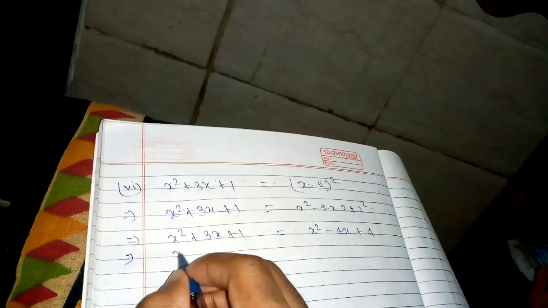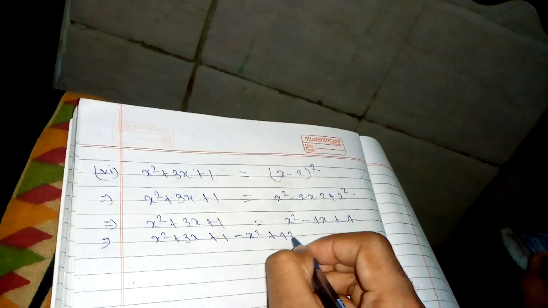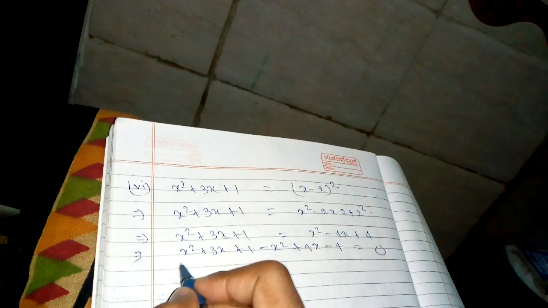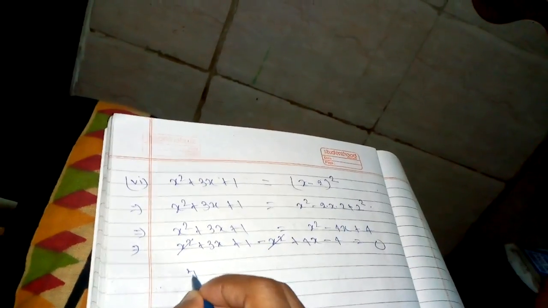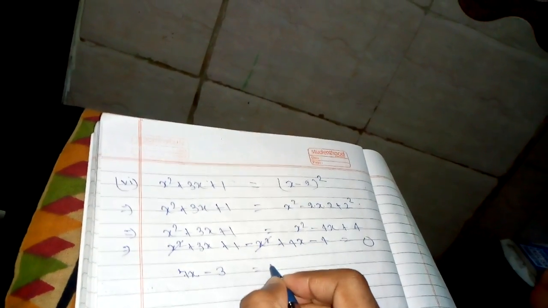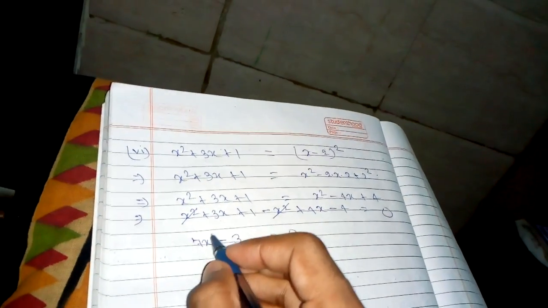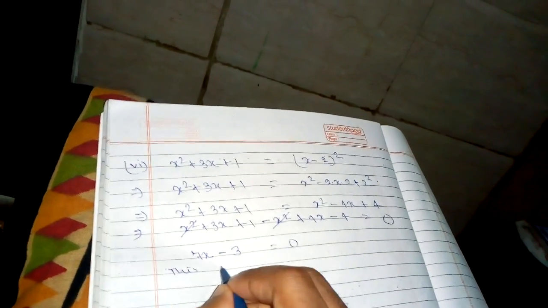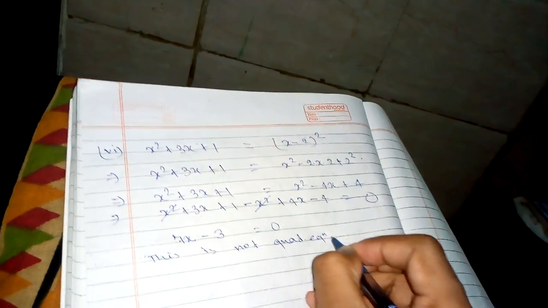Here cross the border line, x square plus 3x plus 1 minus x square plus 4x minus 4 will become 0. So x square here is plus, here is minus, will cancel out. 3x and 4x will become 7x, plus 1 minus 4 will become minus 3 is equal to 0. Okay, here the power is not 2, so this is not a quadratic equation. Why?